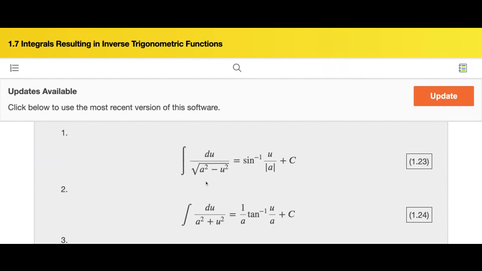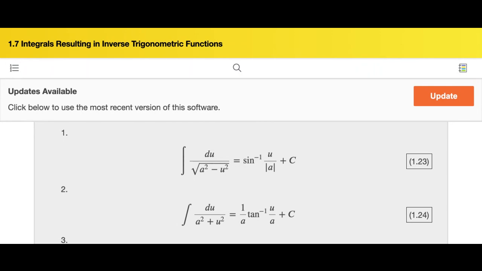So when the integrand is 1 over square root of a squared minus u squared, right? So look, the u is the variable, right? So that one we have arcsine u divided by absolute value of a plus c. So arcsine has this square root of a squared minus u squared.